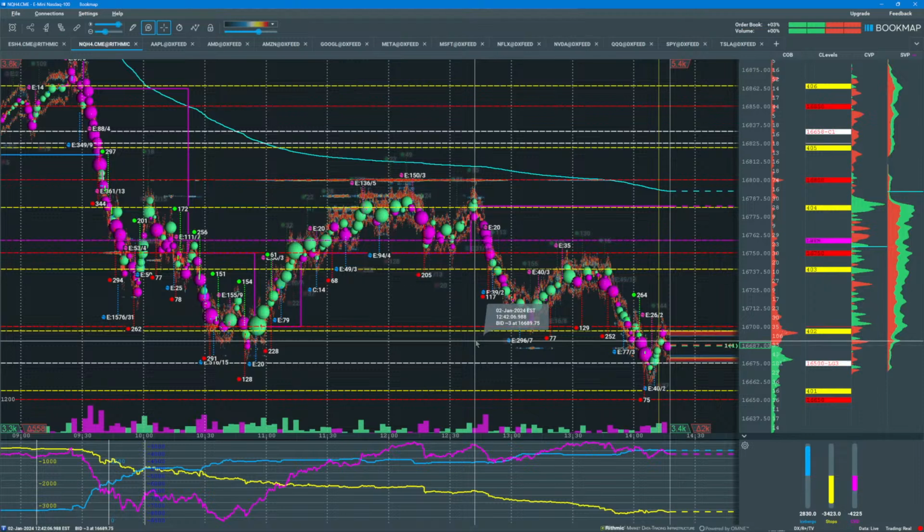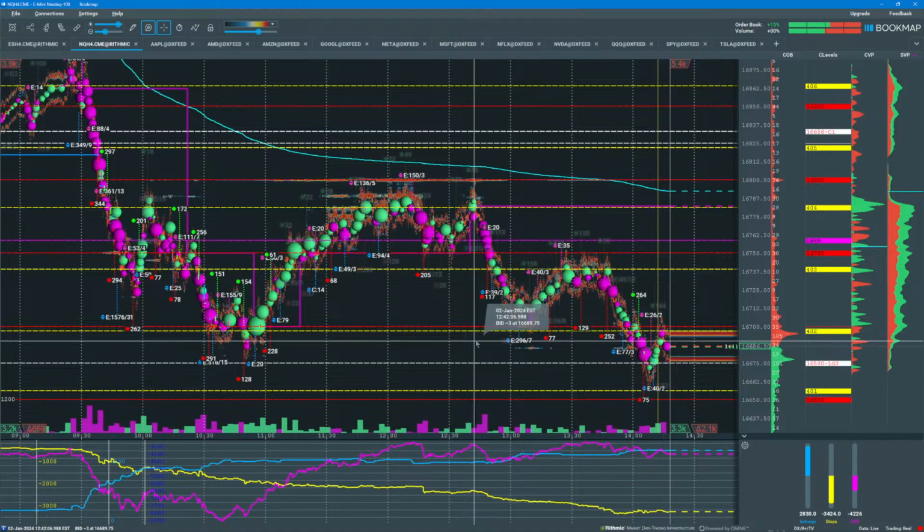Now, when I do trade futures, I trade on another trading platform that has standard candlestick charts. I like the dome and the bracket orders, the flexibility of the bracket orders. But other than that, I'm making all my decisions looking at Bookmap and Hero.